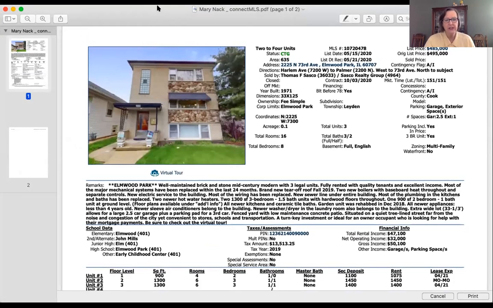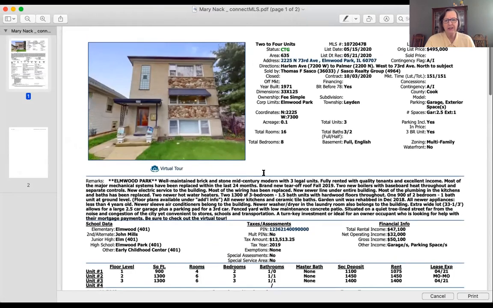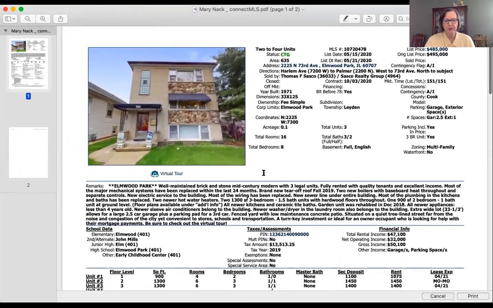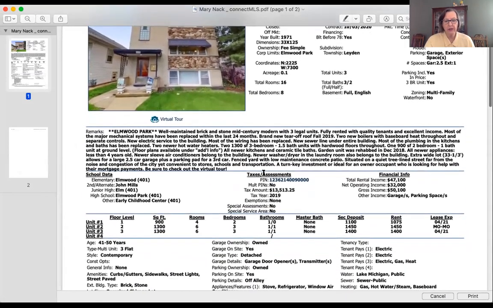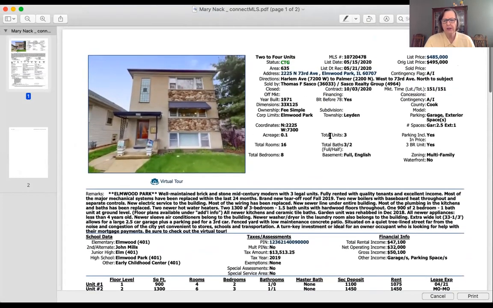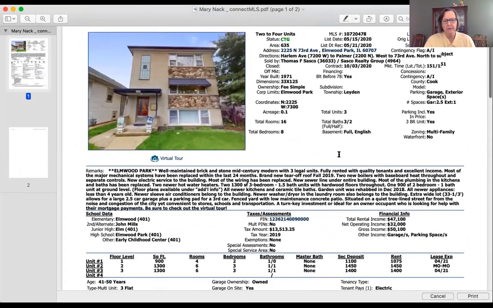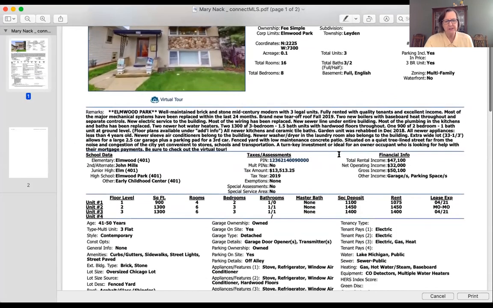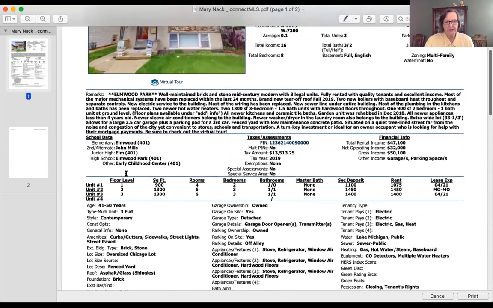Hopefully you're seeing this. This is a multifamily, a 2 to 4 unit property. And again, the information's a little different than what you're going to see for a single family or a condo. Much of it is the same, the remarks and whatnot. This has a zoning, which you wouldn't see in a single family or a condo. But this will also have the rent roll, and it'll show rental income and expenses.